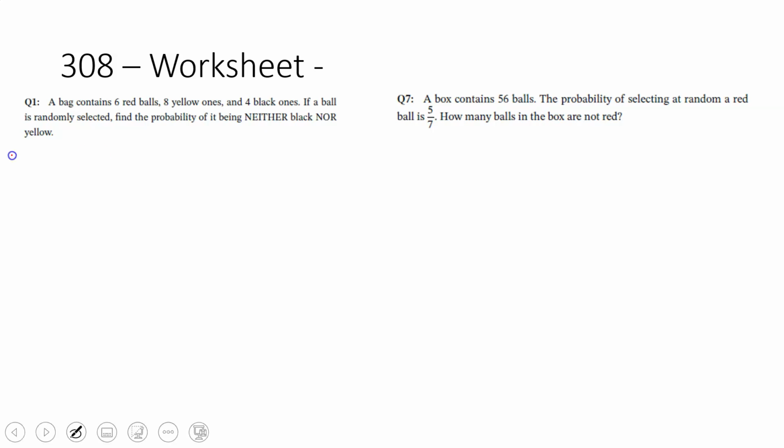So there's a couple of ways you can think about this. The probability that it's not black and not yellow, the complement of black or yellow, the union, is equal to 1 minus the probability of getting a black or a yellow.